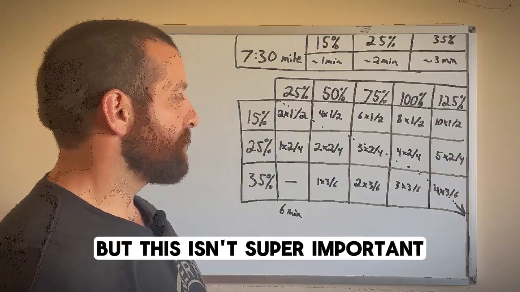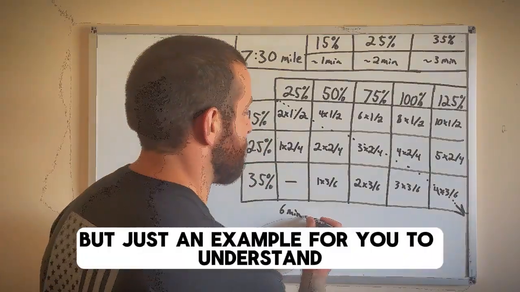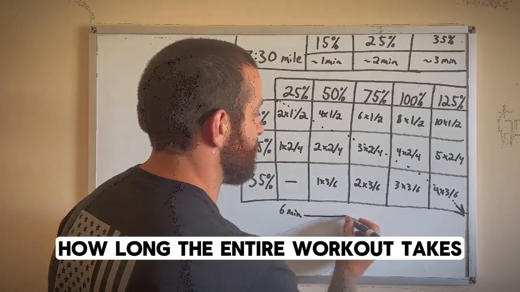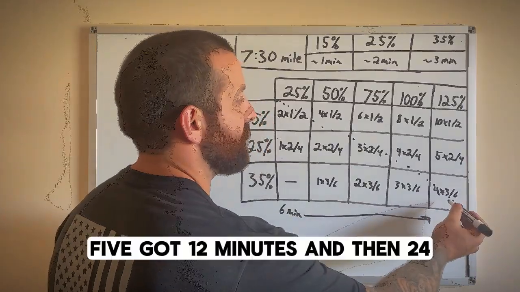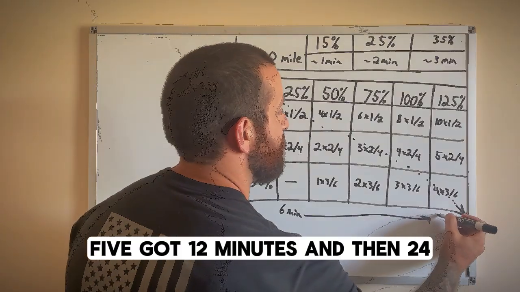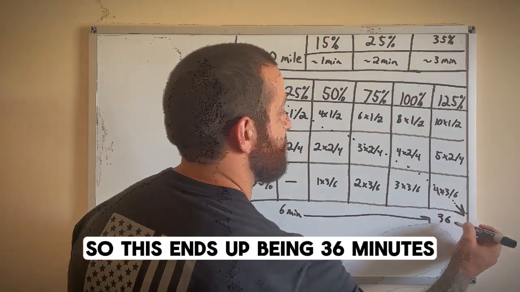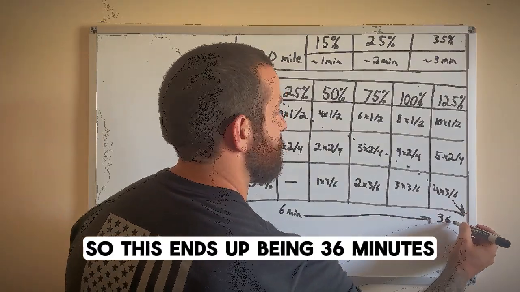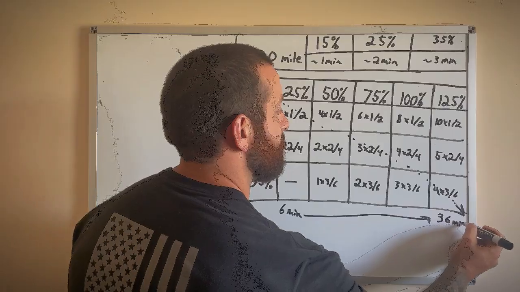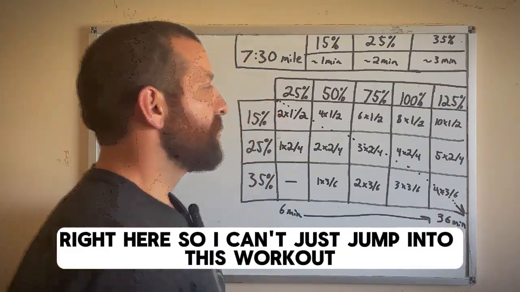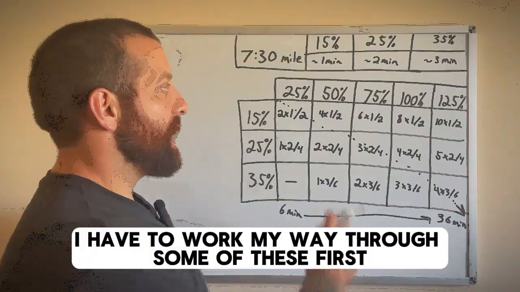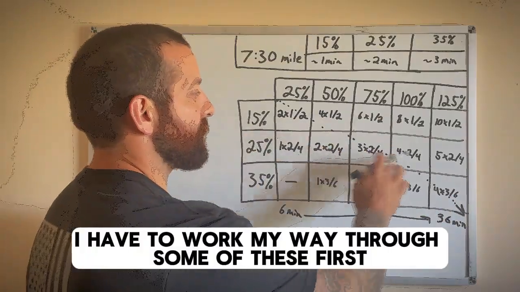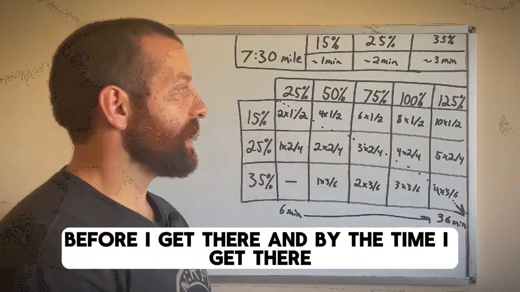But this isn't super important, just an example for you to understand how long the entire workout takes. Over here, if I've got 12 minutes and then 24, this ends up being 36 minutes right here. So I can't just jump into this workout. I have to work my way through some of these first before I get there.